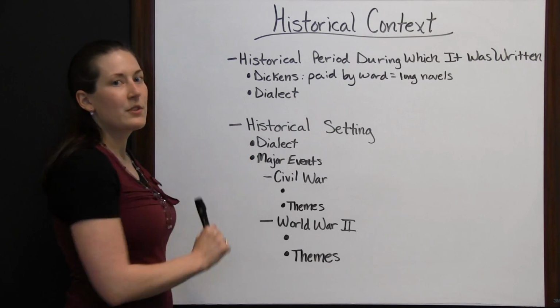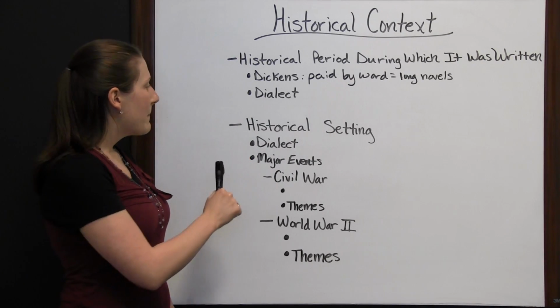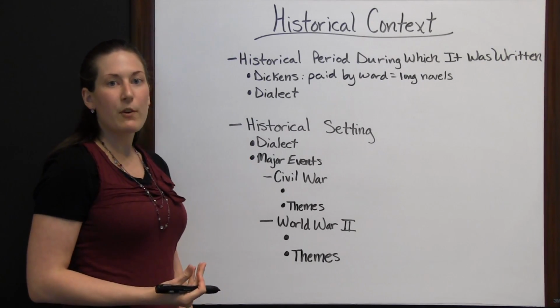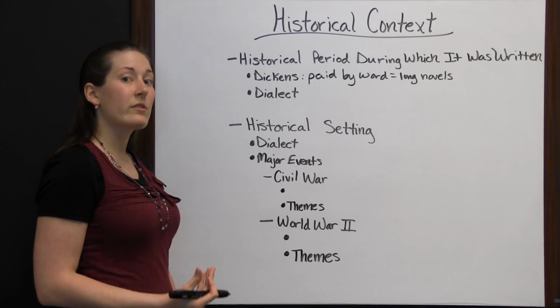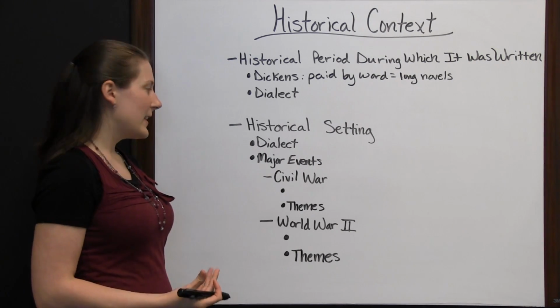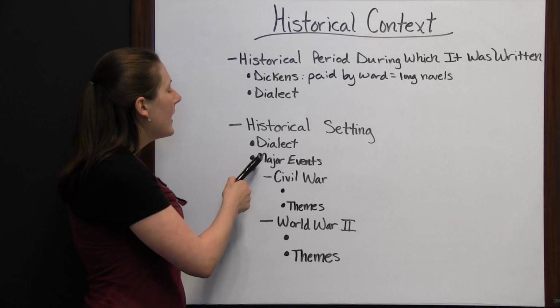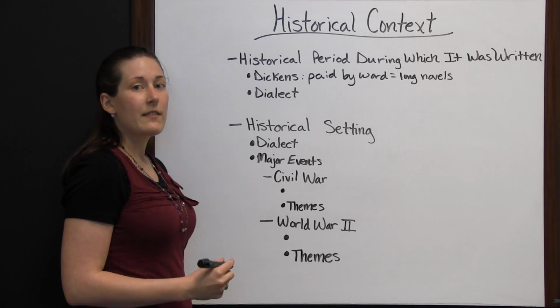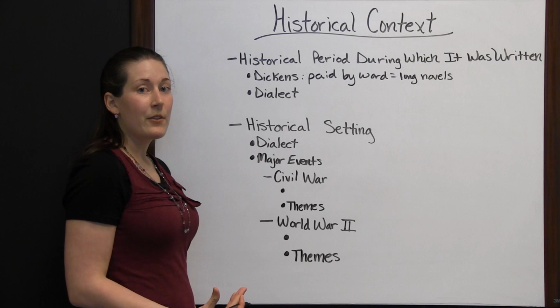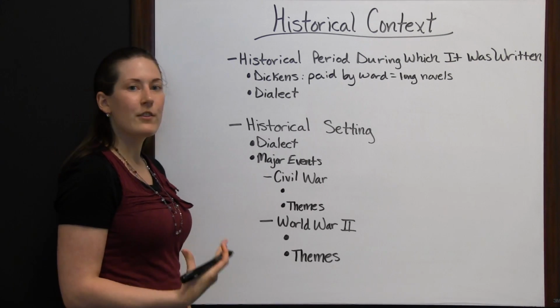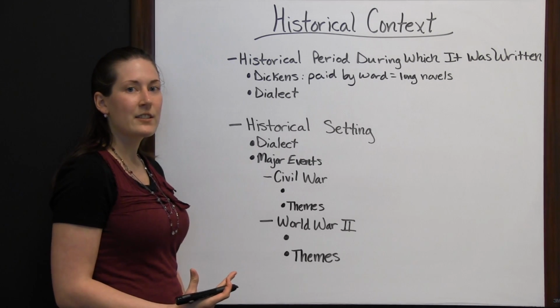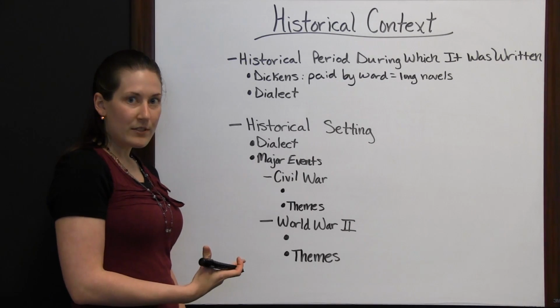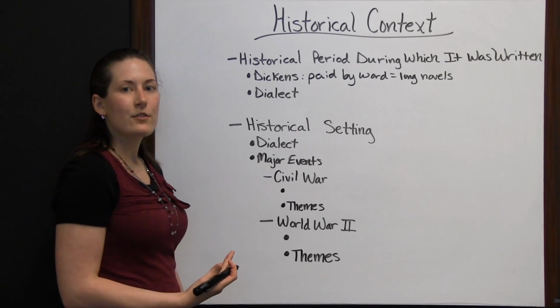Another thing to pay attention to with historical setting is major events that are going on. You want to be familiar with the time period during which a story is set so you can have a better understanding of it. So, one example is the Civil War. During the Civil War, slavery was the normal thing in the South. And whenever the Civil War is over, lots of slaves, or people that used to be slaves, wanted to tell their story.